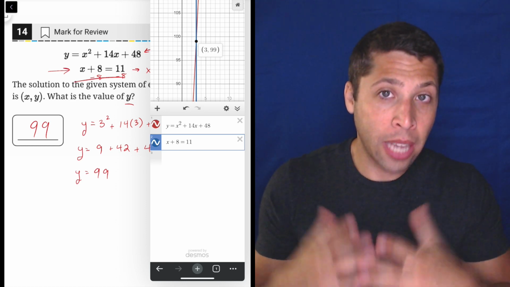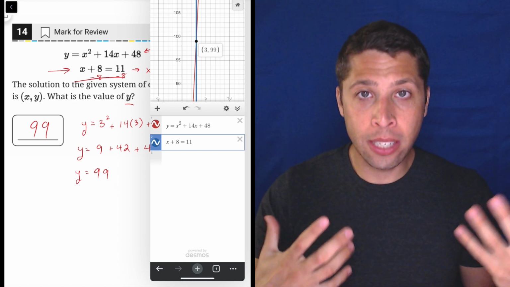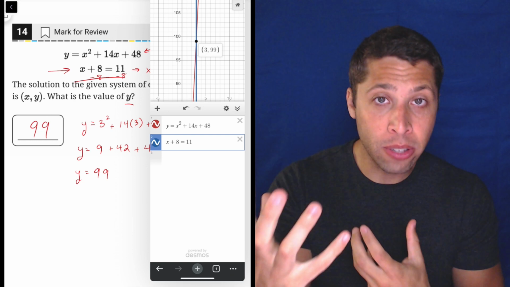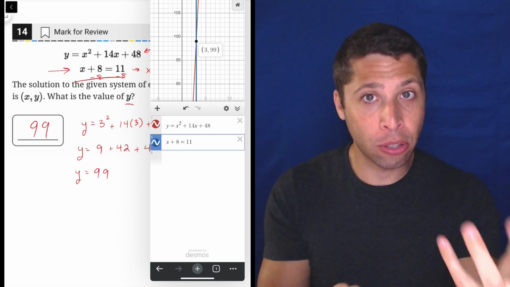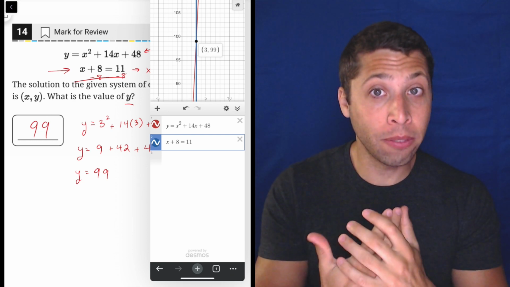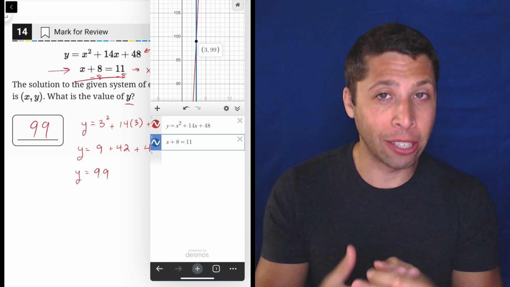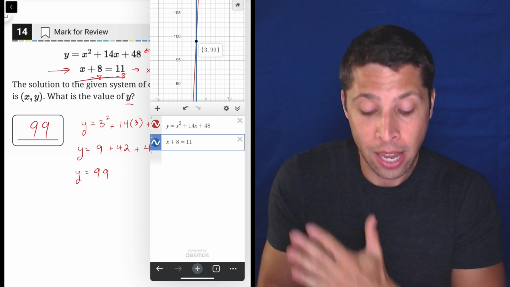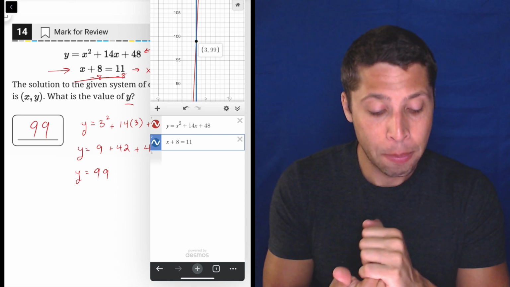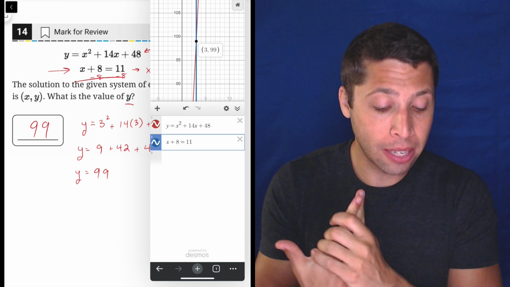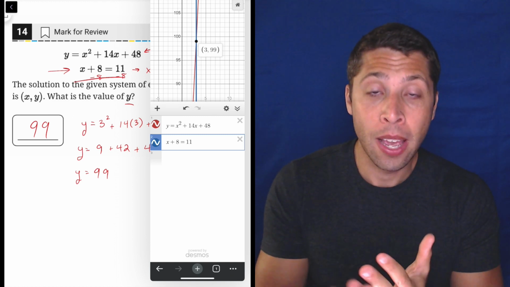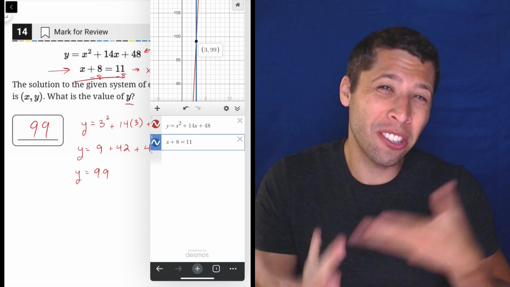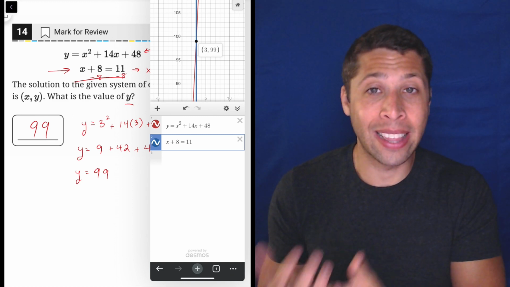Now, let me just, again, warn you a little bit. When you're making these decisions, app or scrap, do I use the app and the built-in calculator or do I use my scrap paper and do it by hand? One of the dangers sometimes of the calculator is that there is a temptation to pick a trap answer. And I know there's no answer choices here, but I could see some people getting this wrong because they answer 3. They see the 3 first and something about that makes them want to put that. That's our x value.